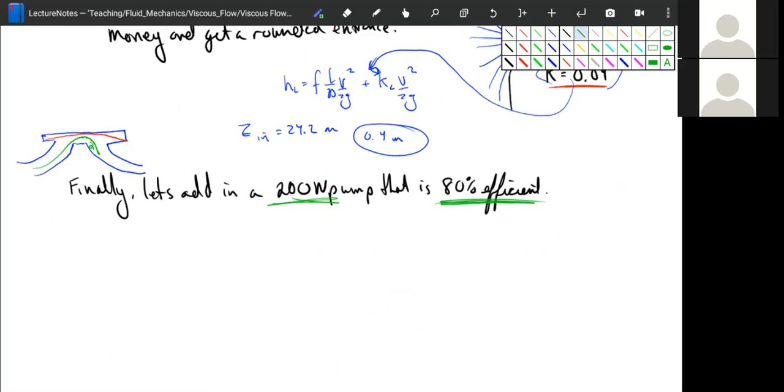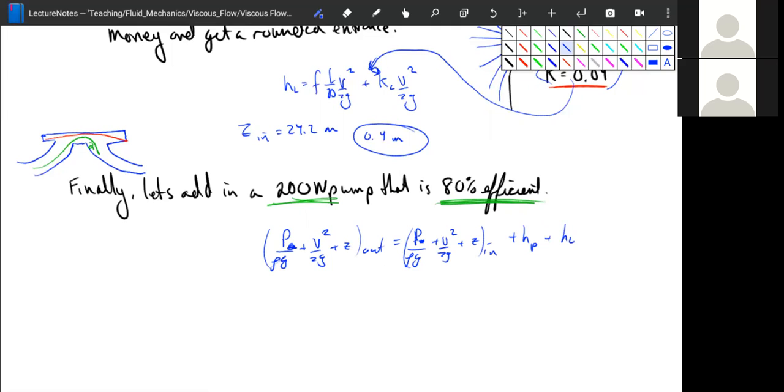We have P naught over rho g plus v squared over 2g plus z out is equal to P over rho g plus v squared over 2g. This is not P naught, sorry. Over g plus z in plus H pump plus H losses, right?